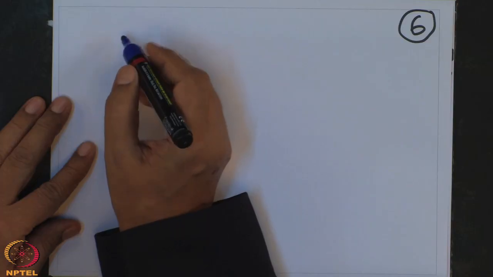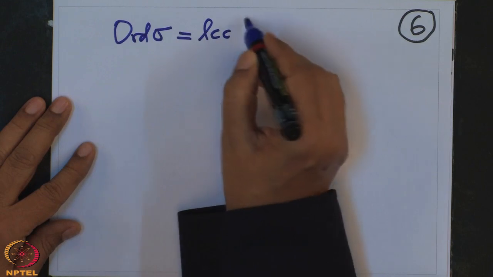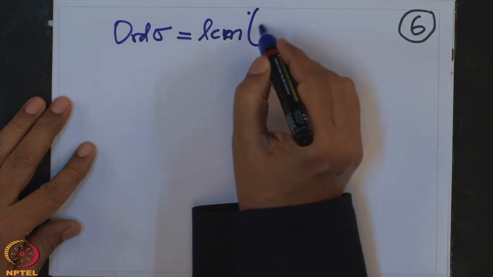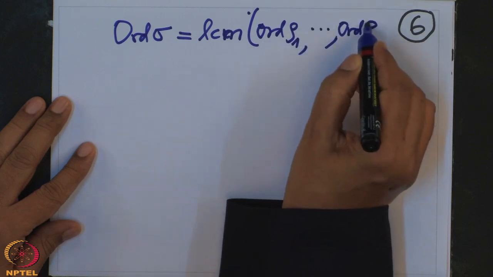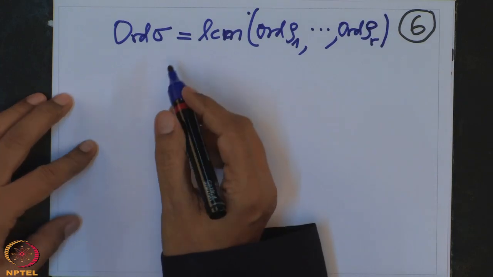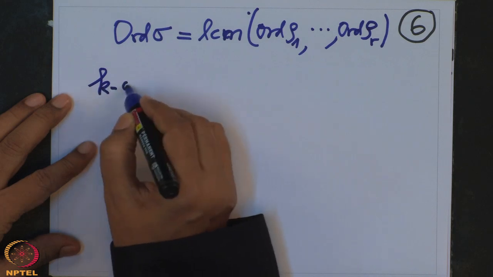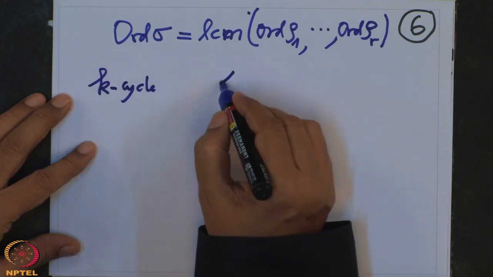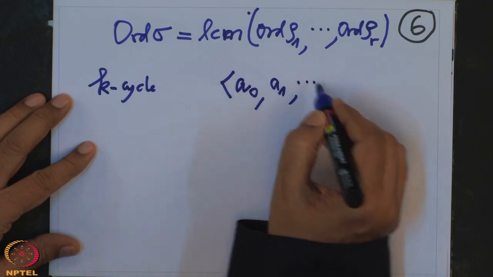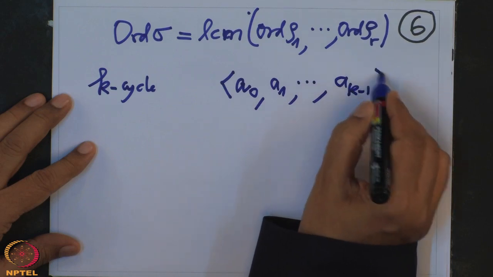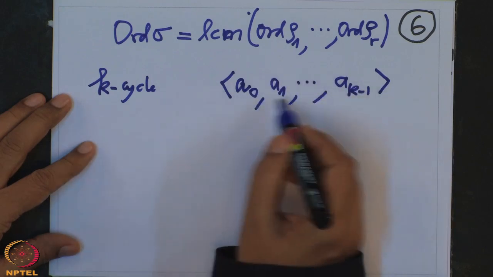So, from this we will know that the order of sigma will be equal to the LCM of the order of rho 1 to the order of rho r, and therefore, we only have to know what is the order of a cycle. So, if you take a k cycle, that means it is like this. In general, it is A0, A1, up to A k minus 1. These are the elements which are moved under this k cycle.